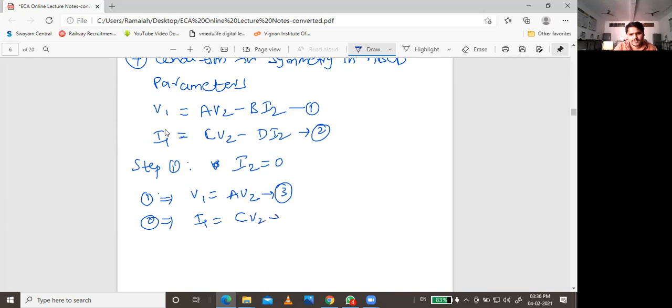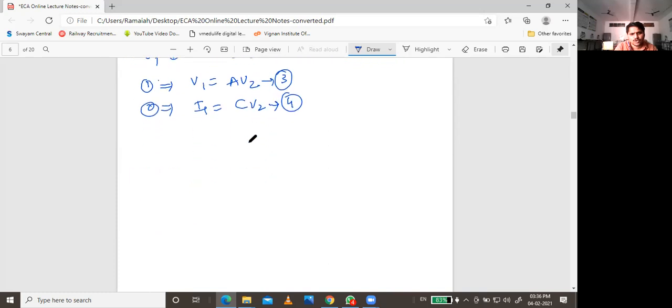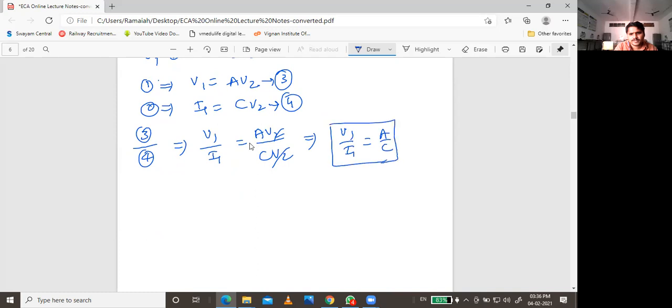This is equation 4. Now, we want V1 by I1. So, divide equation 3 by equation 4: V1 by I1 equal to A V2 by C V2. V2 cancels. Therefore, V1 by I1 is equal to A by C. Let us say this is equation number 5.